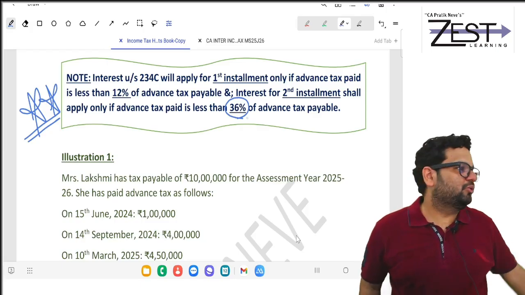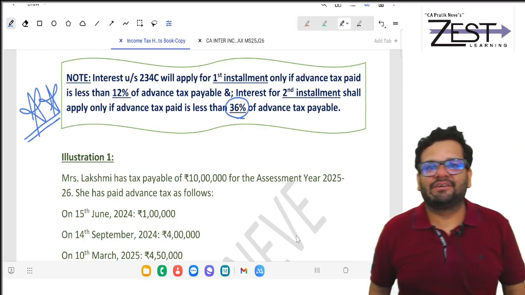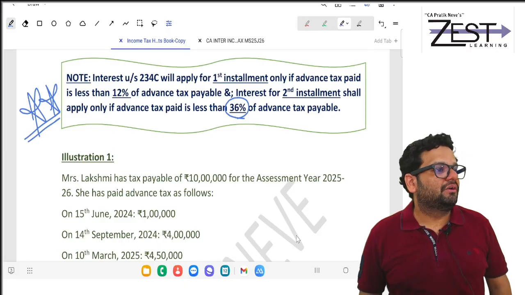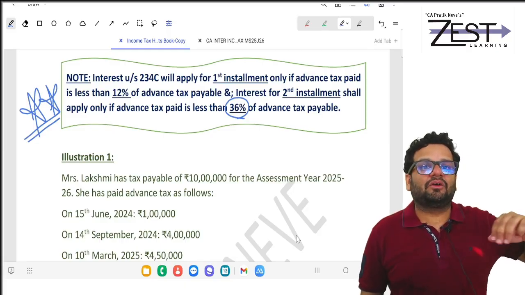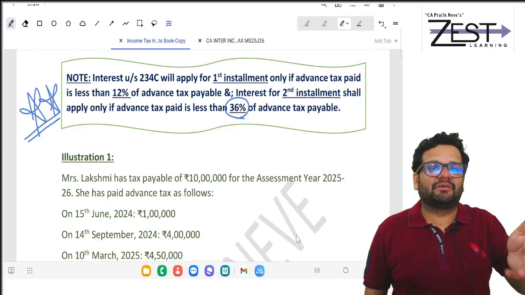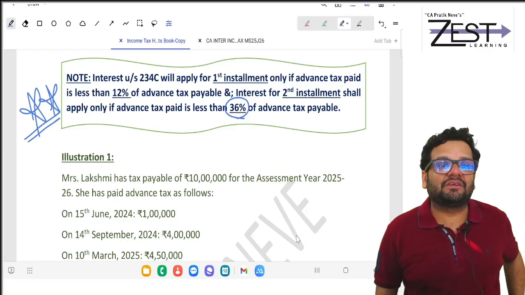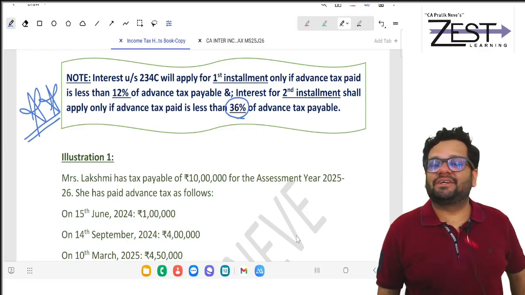I'll show you how to apply this in the interest calculation questions. So you will say, why not remember 12% instead of 15%, and 36 instead of 45? It's not that.